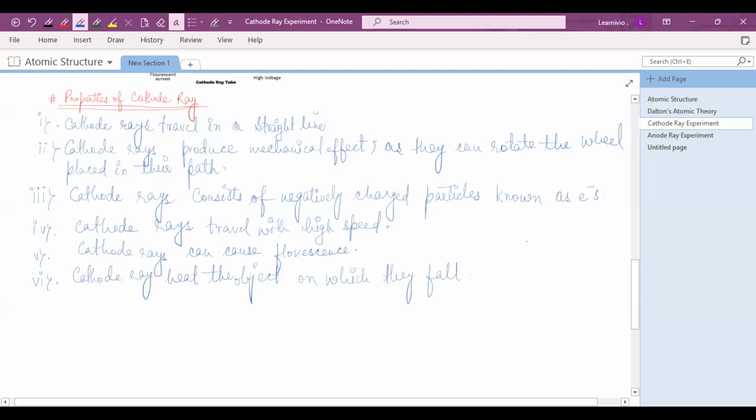Due to the transfer of kinetic energy to the object, right?